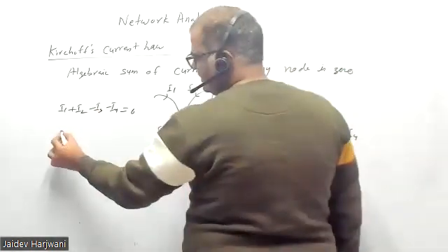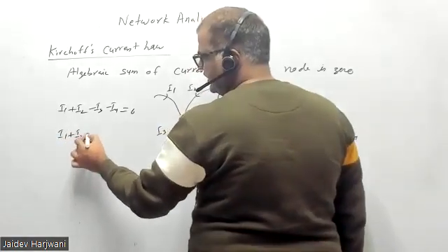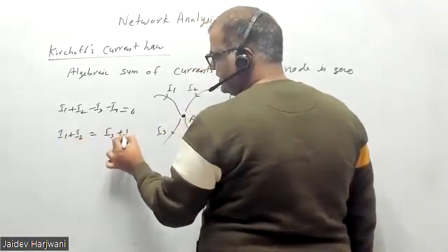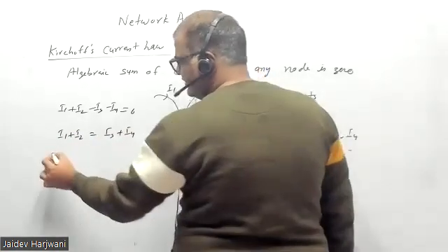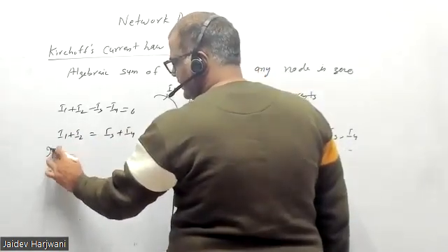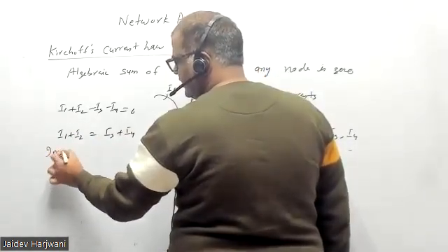And if I say I1 plus I2 equals I3 plus I4, that is incoming current equal to outgoing current.